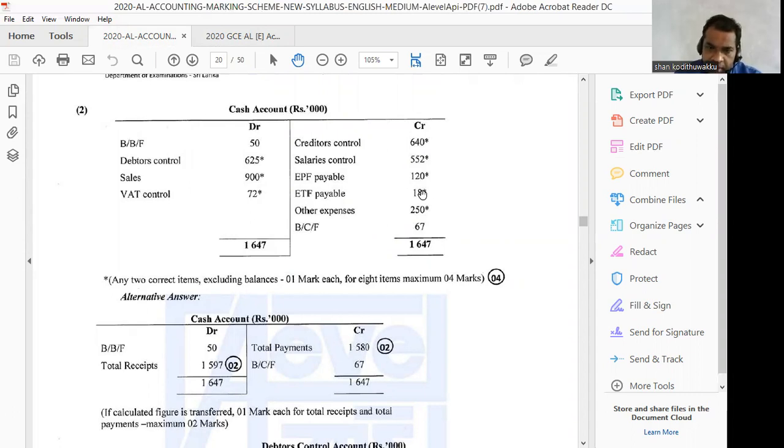And if you have an ETF payable account with an opening balance credit, then you can debit the ETF payable account. It is for last month. Therefore, a liability decrease is a debit. Therefore, you can debit the ETF payable account 18,000 and credit the cash account as a decrease concept.